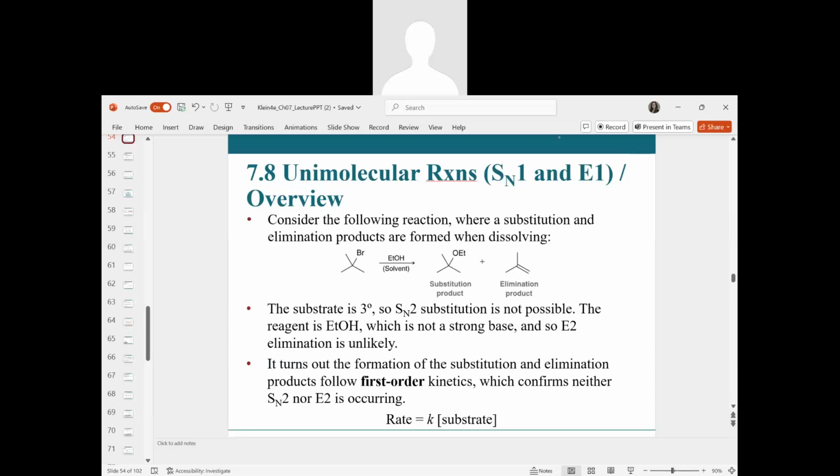In section 8 of chapter 7, we're introduced to unimolecular reactions. These are going to be different now than what we saw before with bimolecular reactions, the SN2 and E2. Now we have an SN1, or unimolecular nucleophilic substitution, and then we have our unimolecular elimination.